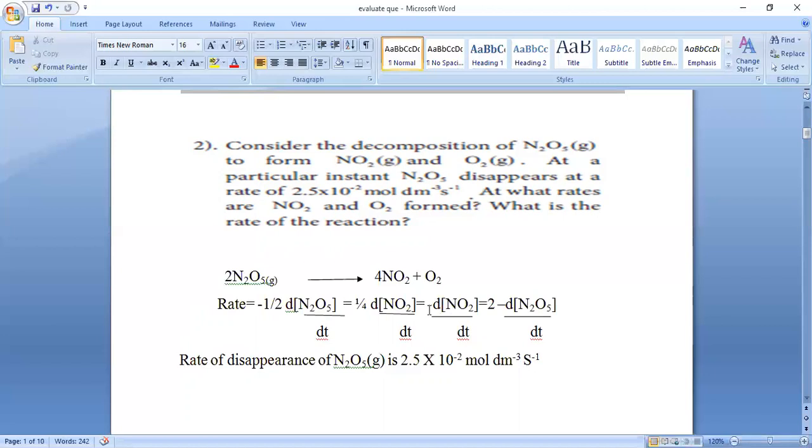So next step we need to write d of NO2 by dt. How are we getting it? This 4 moves to the opposite side, cross multiplying. So 4 divided by 2, we are getting 2. So d of NO2 by dt equal to 2 into d of N2O5 divided by dt.